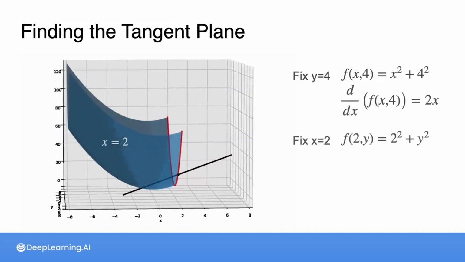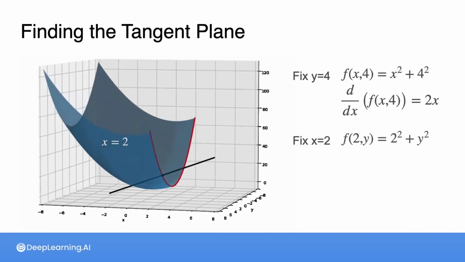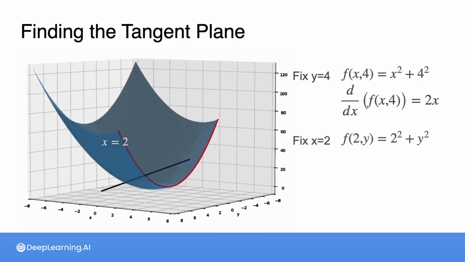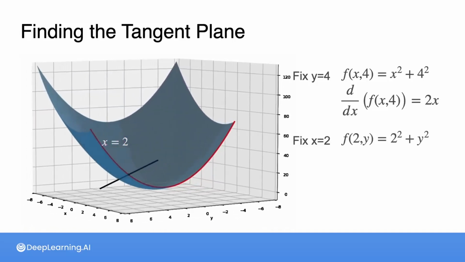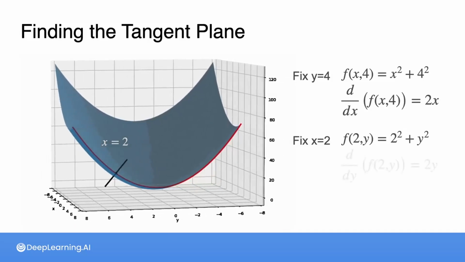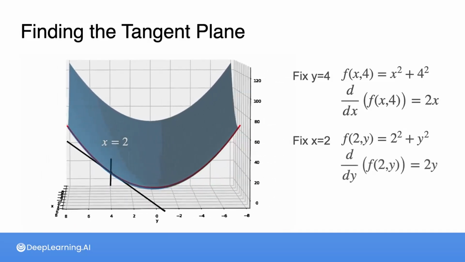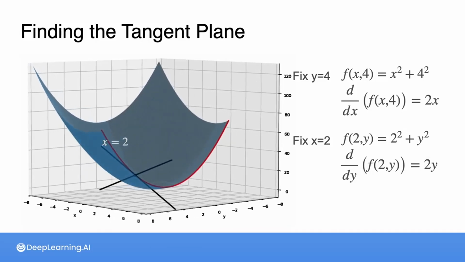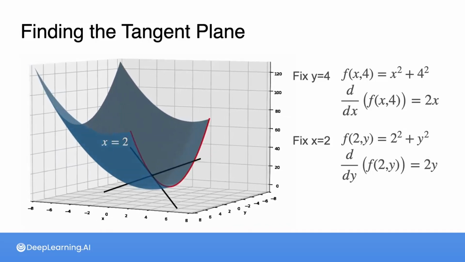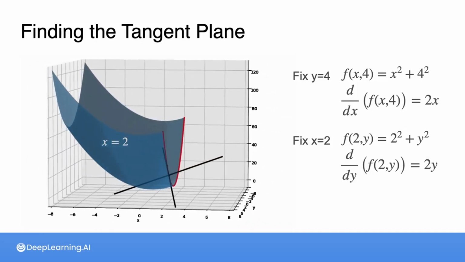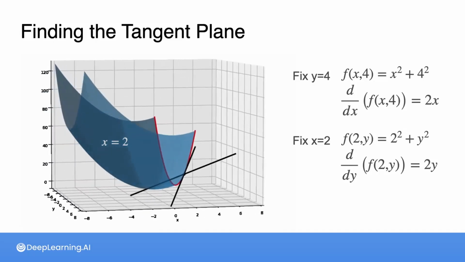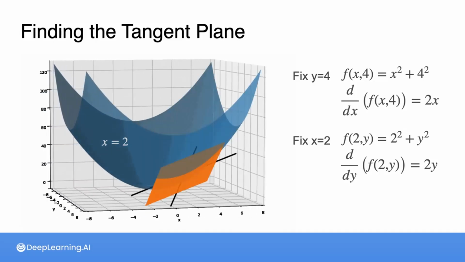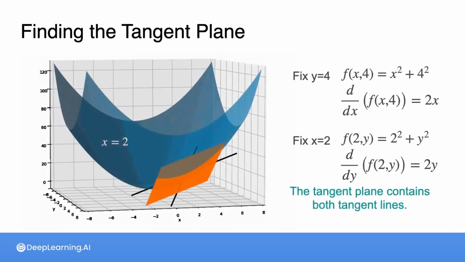Now let's cut the space with x equals 2. So now we have another red parabola, and in this parabola we can find a tangent line. Once we have the 2 tangent lines, then we have a plane, because any 2 lines that cross represent a unique plane. So that one over there is the tangent plane.